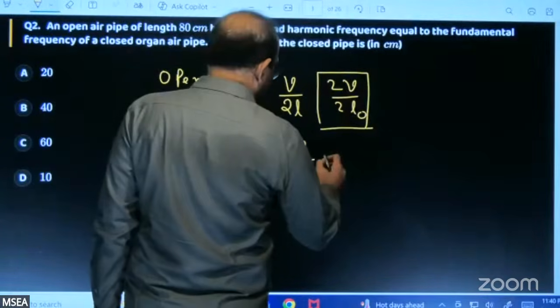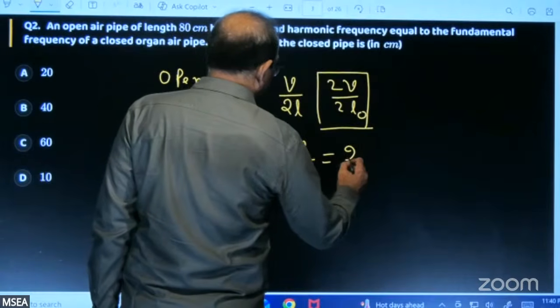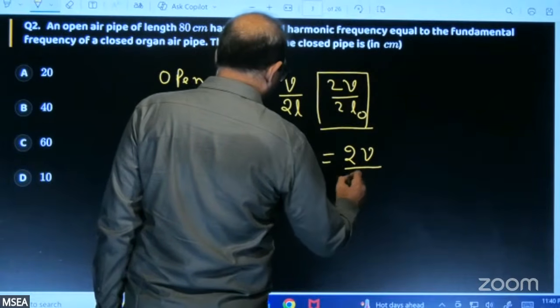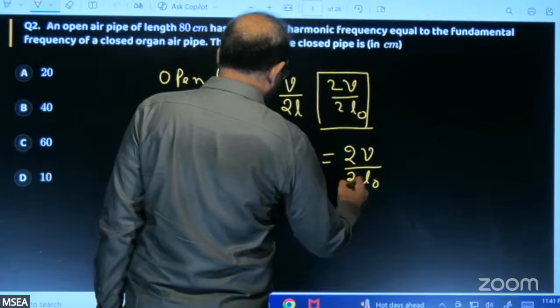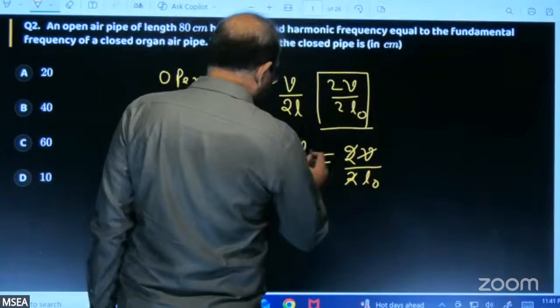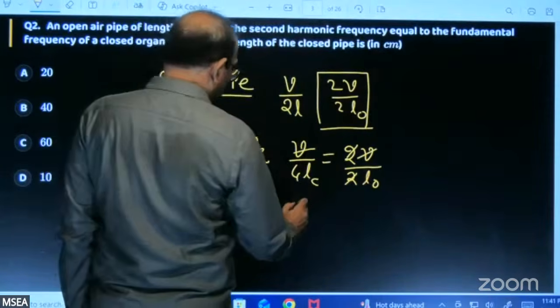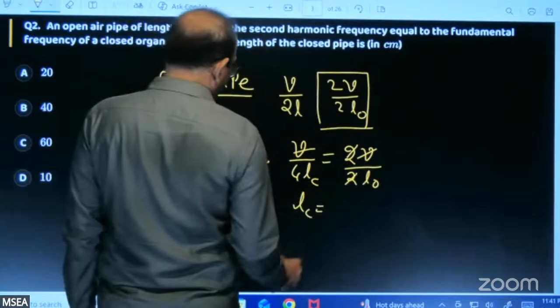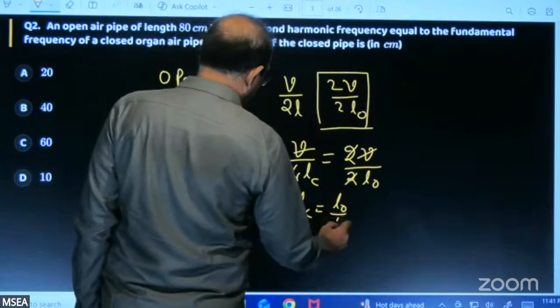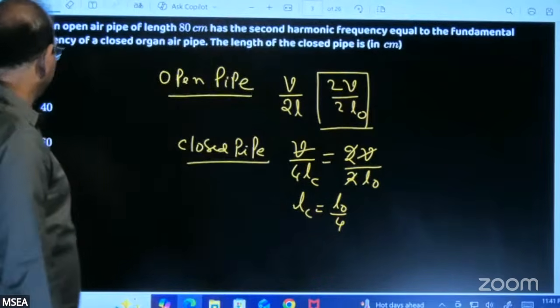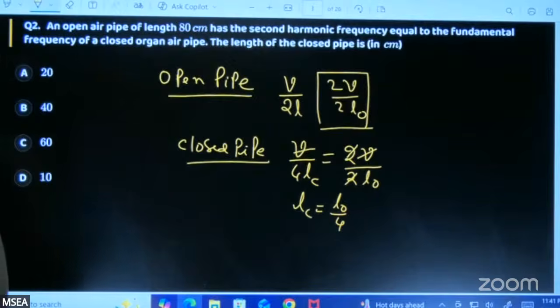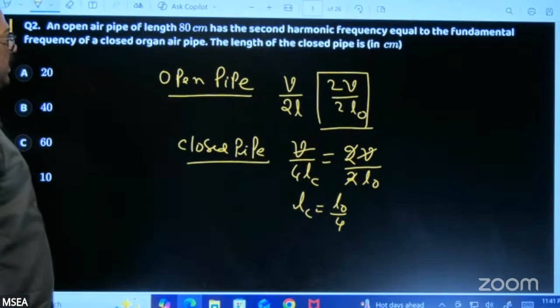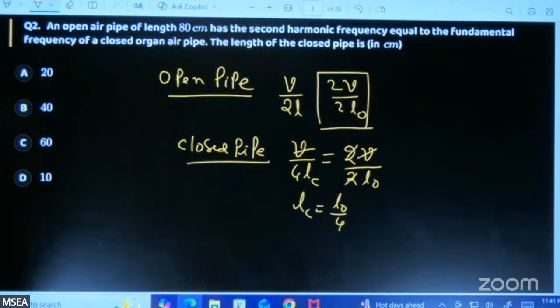Equate them: V by 4LC is 2 into V by 2L0, and find LC. 4LC equals 2L0, so LC is L0 by 2... that is, 80 by 2, 40 centimeter.